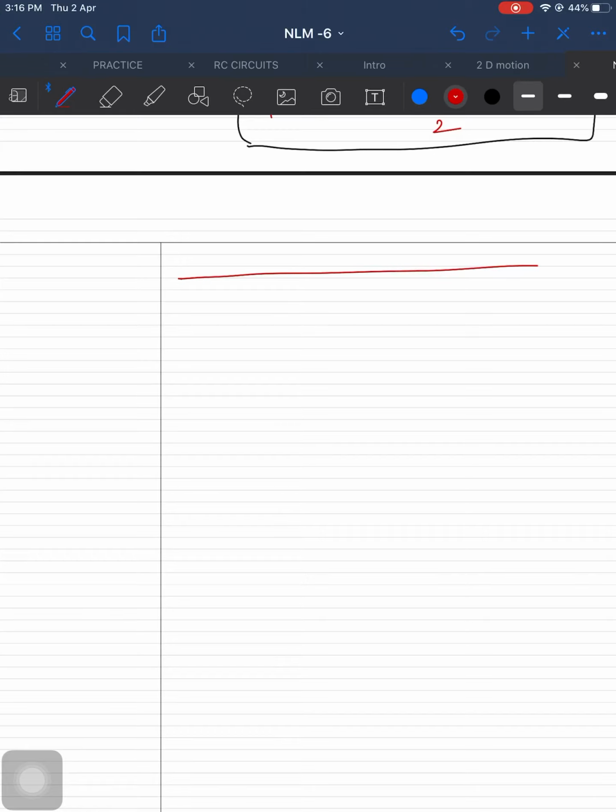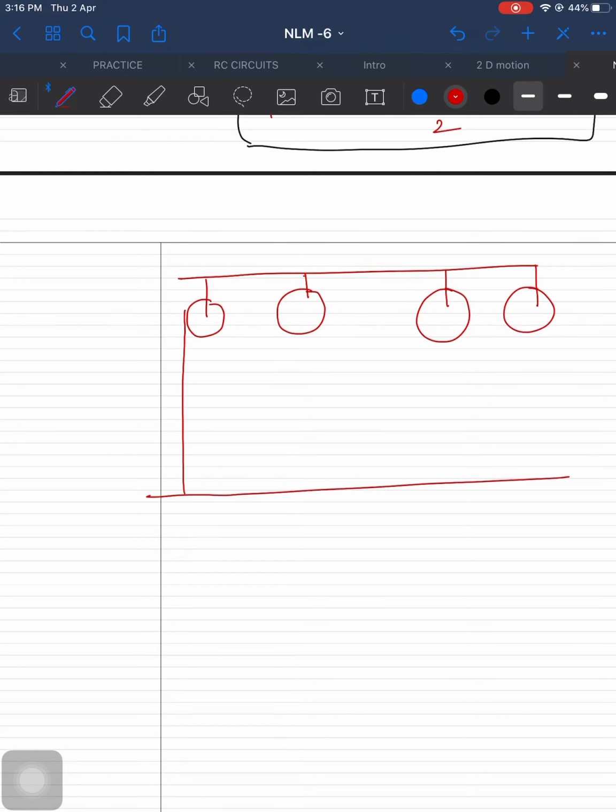Newton's laws of motion problems become like child's play if you understand. There are 4 pulleys, and they are connected to a man.